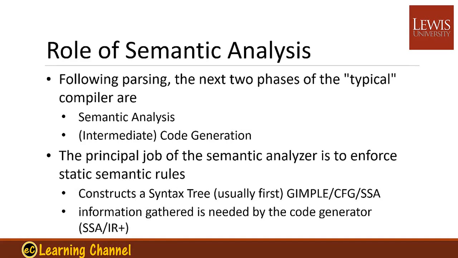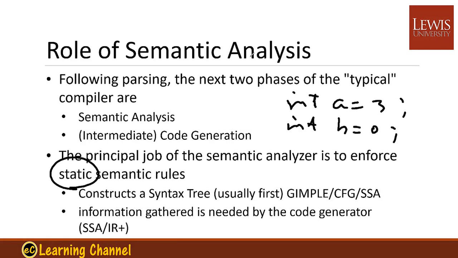The principal job of the semantic analyzer is to enforce static semantic rules. What are static semantic rules? For example, integer a equals 3, integer b equals 0. These are okay.